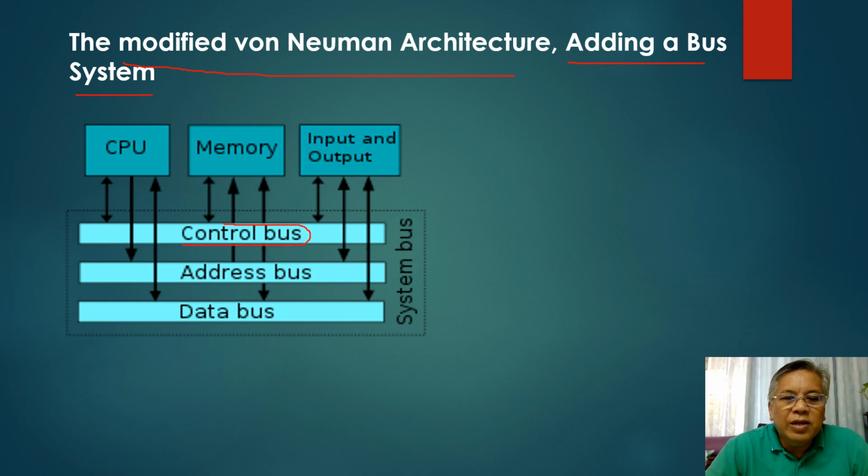So all instructions or decoded values from your control unit pass through your control bus. Then the address which is transmitted by your program counter to your memory address register passes through this particular address bus. The data and the program will pass through this data bus going into your memory. So this is why we call this the system bus.